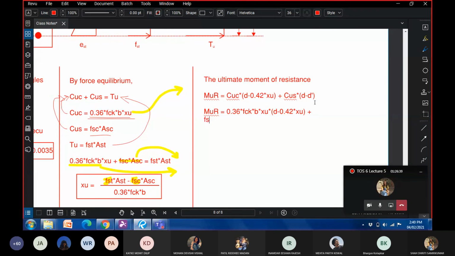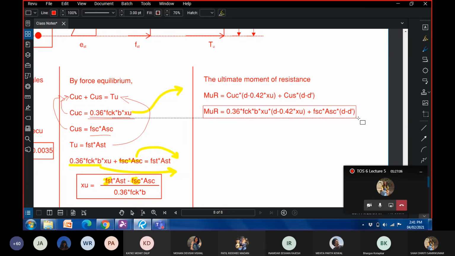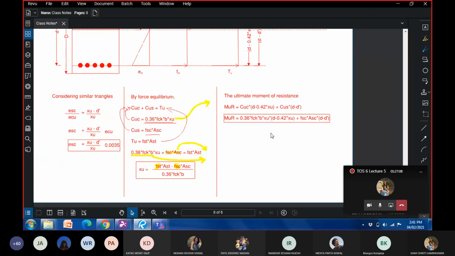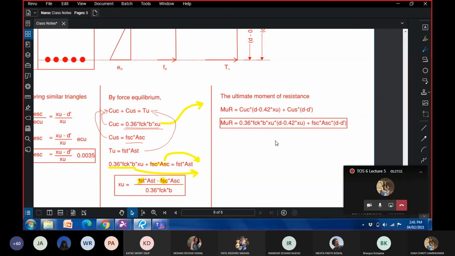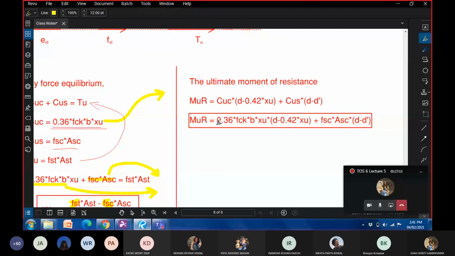The next term is FSC into ASC into the corresponding lever arm, which is equal to D minus D dash. So this is what we finally require. You're already familiar with this term, only this is an addition.